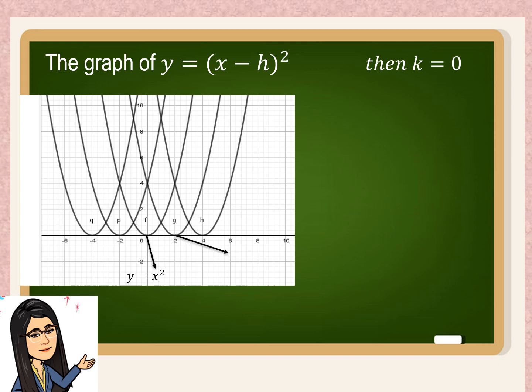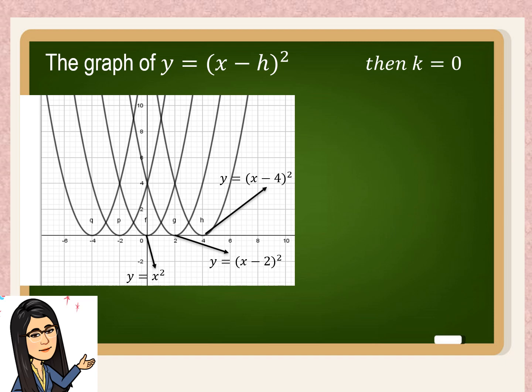Observe that the vertex moves 2 units to the right, so the function is y is equal to the square of the quantity x minus 2. If from the origin, the vertex moves 4 units to the right, the function can be y is equal to the square of the quantity x minus 4.